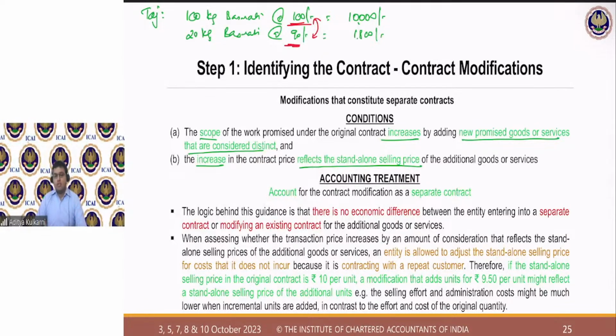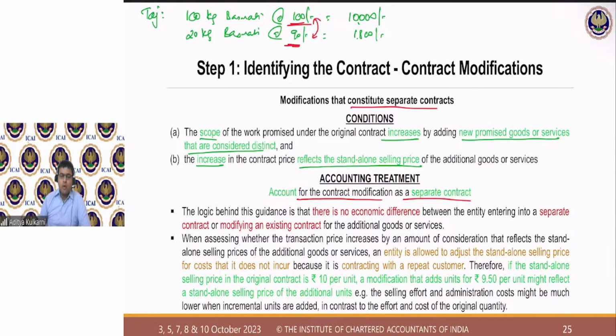Okay, that's it. So since this is a separate contract with these two conditions satisfied, we will account for the modification as a separate contract. That means the 20 kg contract which we are going to give, that 20 kg we will treat as a separate contract and bill it at 90 rupees per kg.